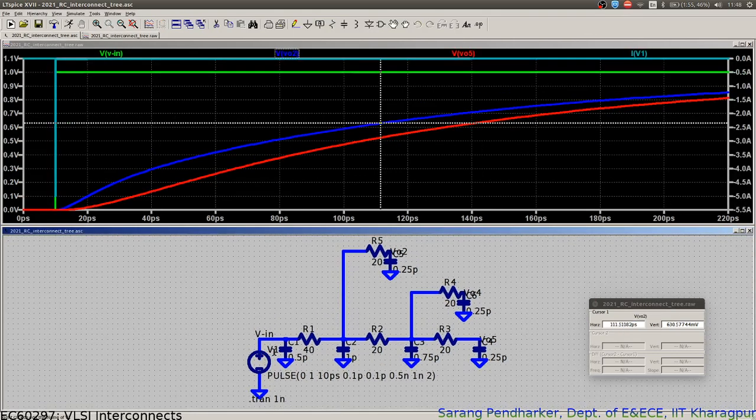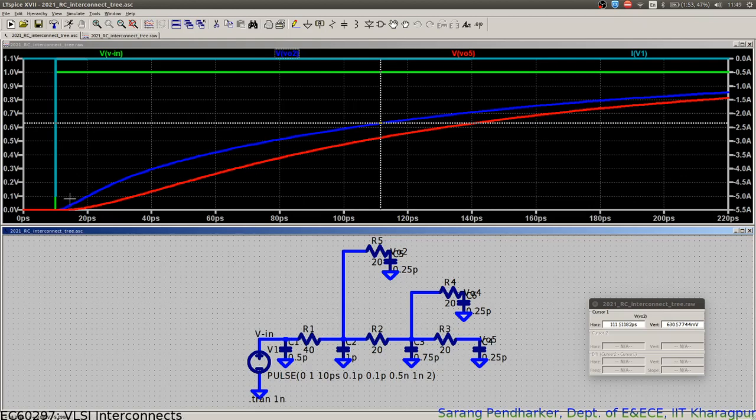When I'm looking at the voltage on node 5, I am traveling more like a distributed model, and then this branching is not that significant. But when I am going from here to here, all this capacitance is being loaded to this point, right? So in that case, this deviation from the RC delay is more.